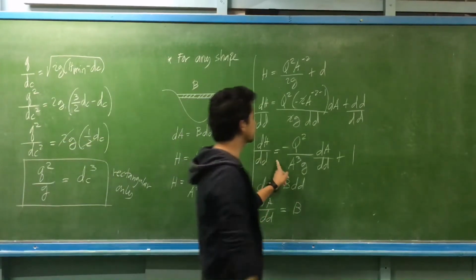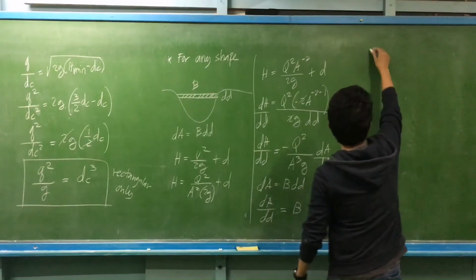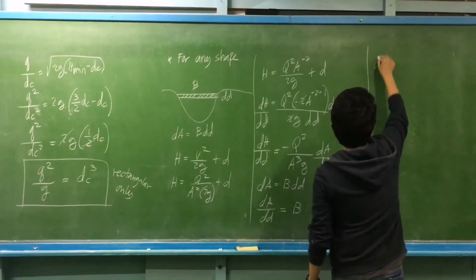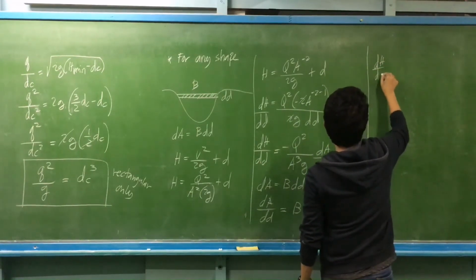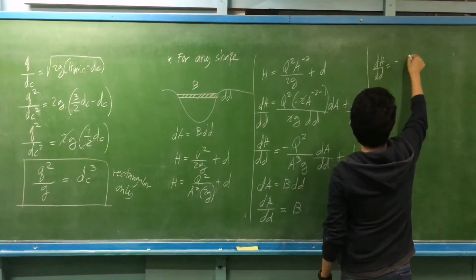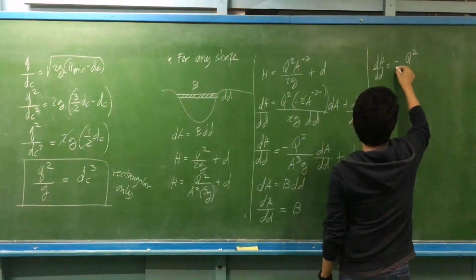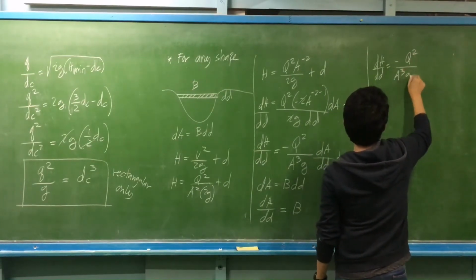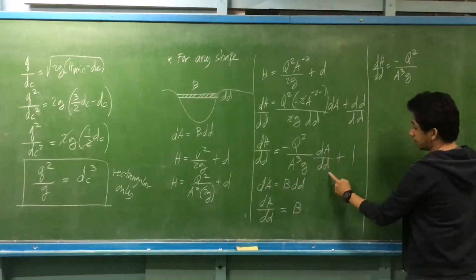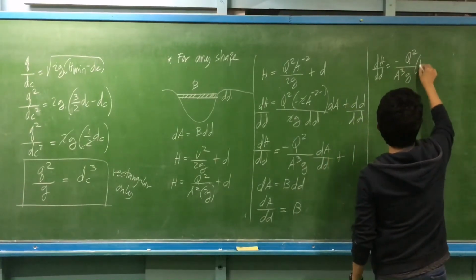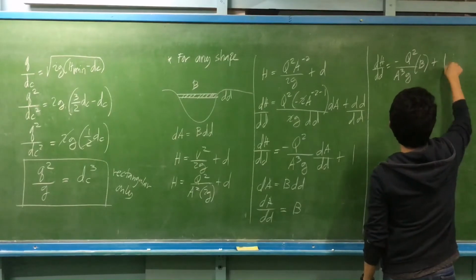So we substitute. So dH over differential depth is now equal to negative discharge squared divided by area cube G, times the equivalent of dA over differential depth, the top base, plus 1.